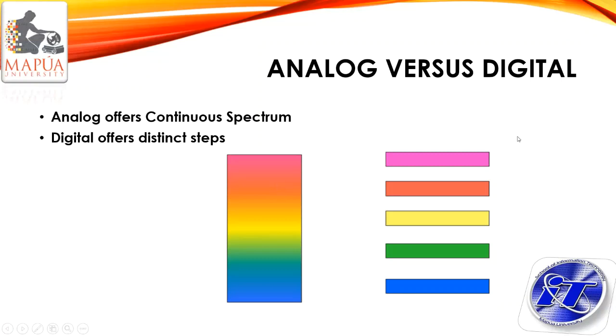While in digital, there is a specific range wherein it will just be red, yellow, green, or blue. There's no abrupt change of color. There is a specific range that will determine this is the color of blue, this is the color of red. While in analog, every time you change the position, it will be equivalent to a different color since it's continuous.